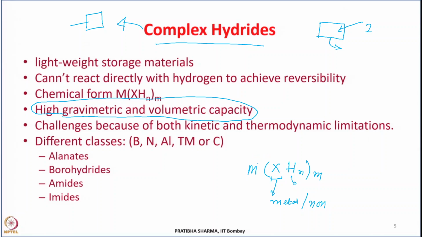And there is another metal. This covalent form is anionic, this is anion, and this metal is cation.